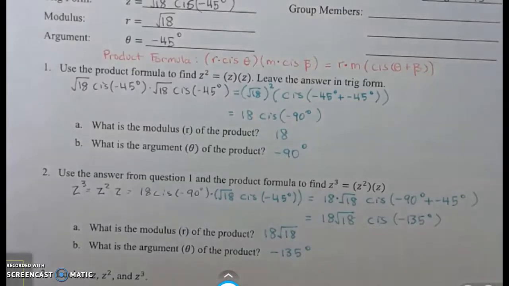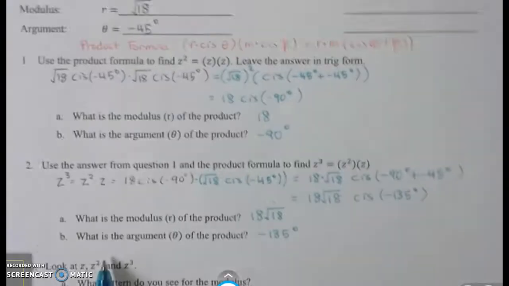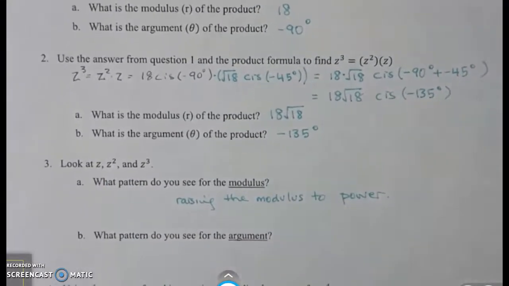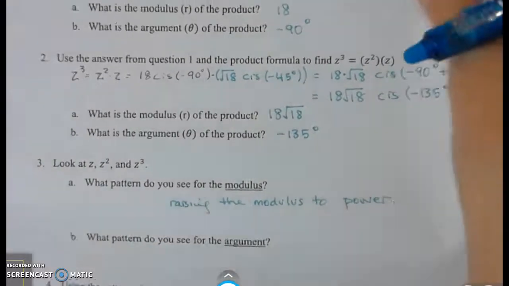So we are raising the modulus to the power, whatever power we're dealing with. If it's to the power of 3, we are raising it to the power of 3. If it's squared, we're raising it to the power of 2. Okay, so we're raising the modulus to the power.